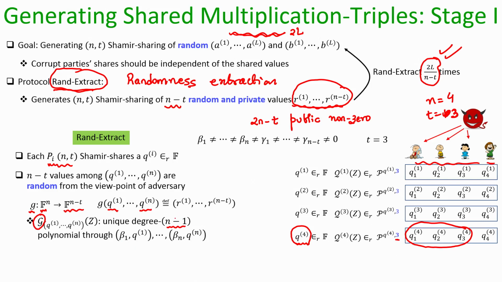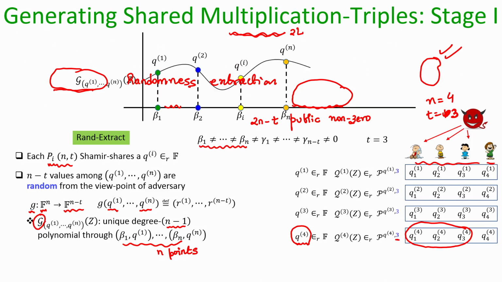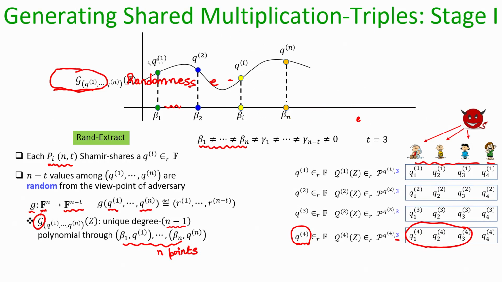Why will its degree be n minus 1? Because we are given n number of points, and we can always fix a polynomial of degree n minus 1 through those n points, and these n points are unique because we have selected the beta components distinctly. So, pictorially, you imagine that these are the values shared by the respective parties.